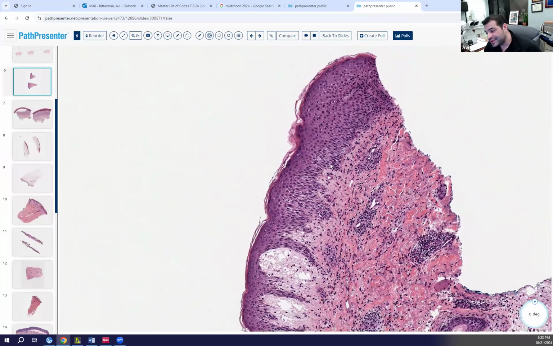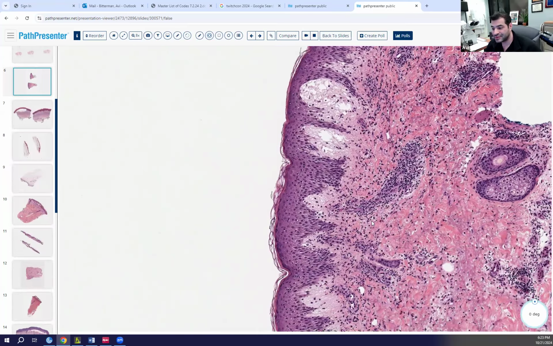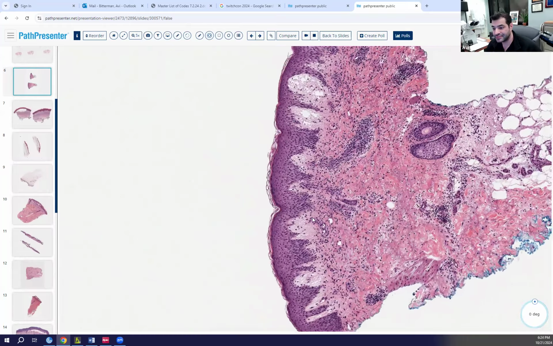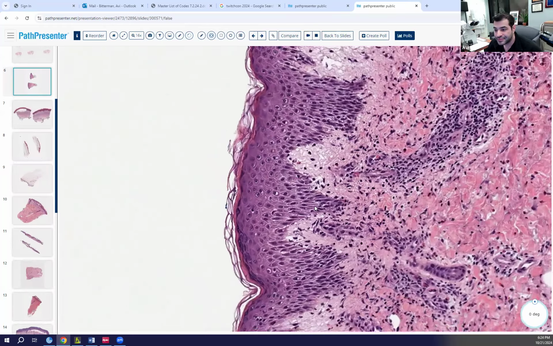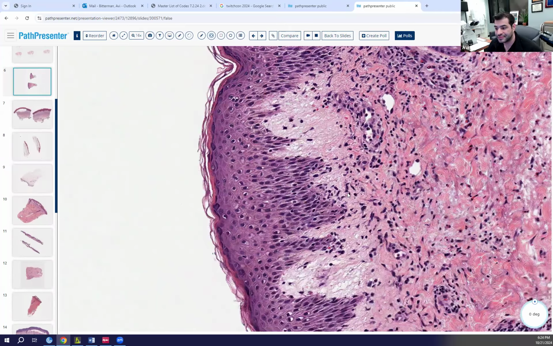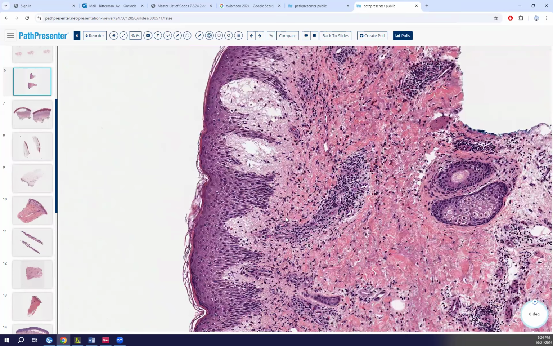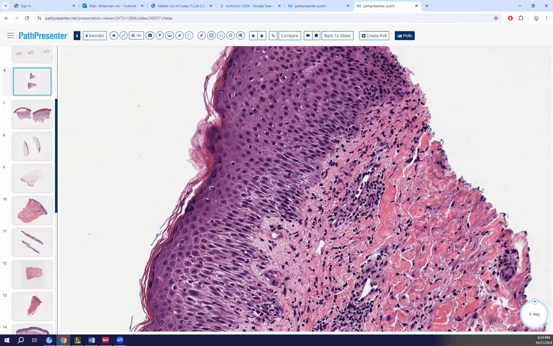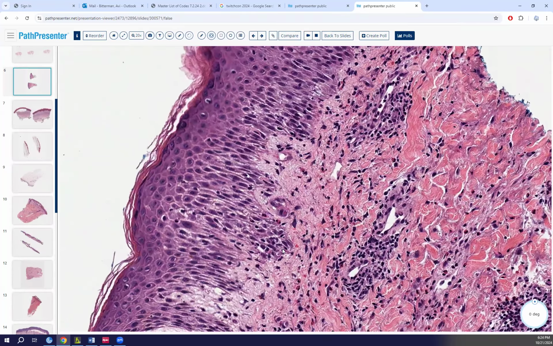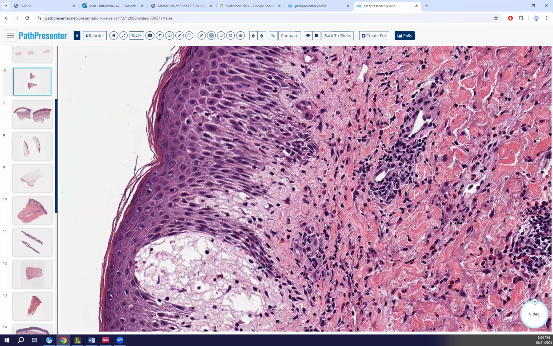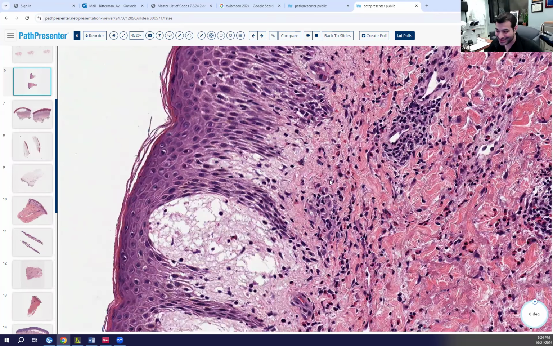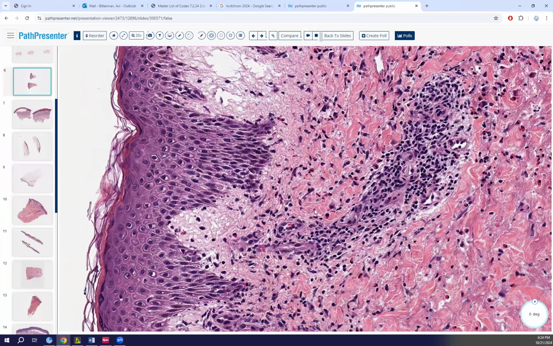Now of those, what do we think this one is? It's not a ton of eos, but I guess it could be urticarial BP. It could be herpes gestationis.